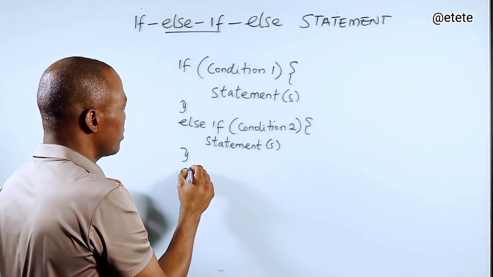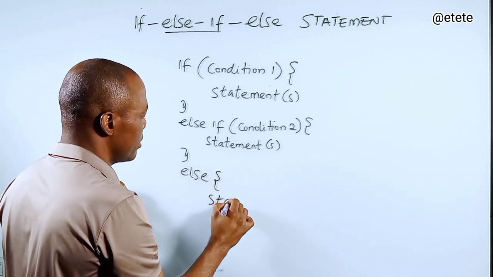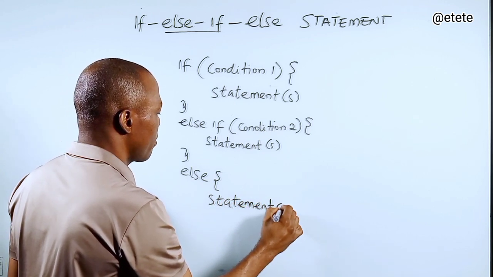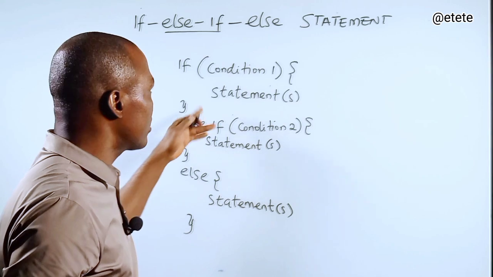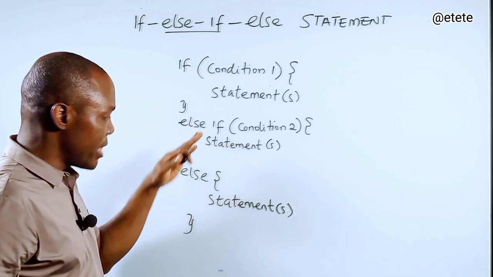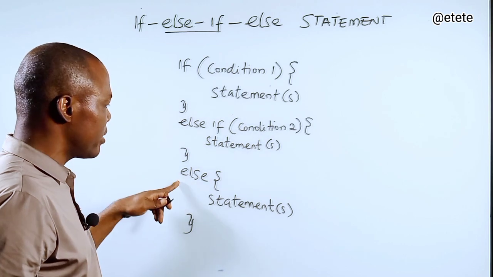I will say else, then I'll close, then I'll put my else statement, then I'll close it. Now, this is the syntax for the if else if statement. Like I said, you can have as many else if statements inside an if else statement.